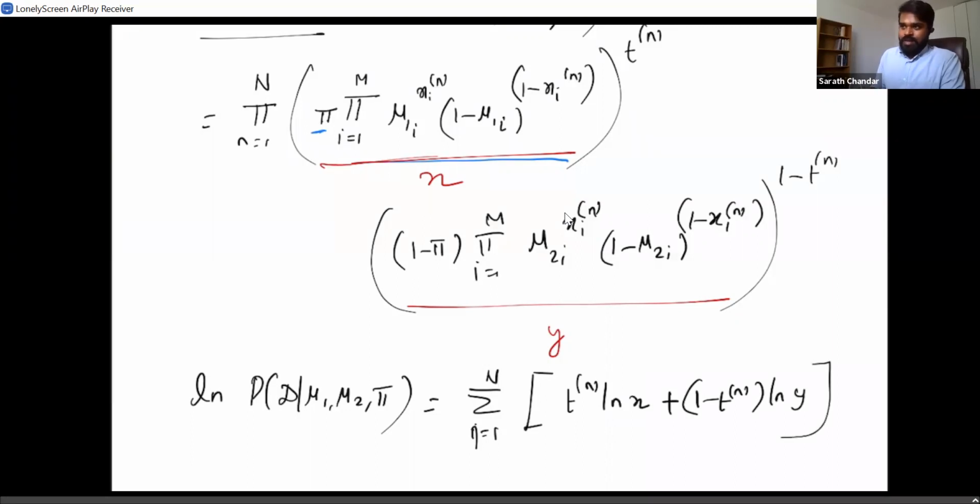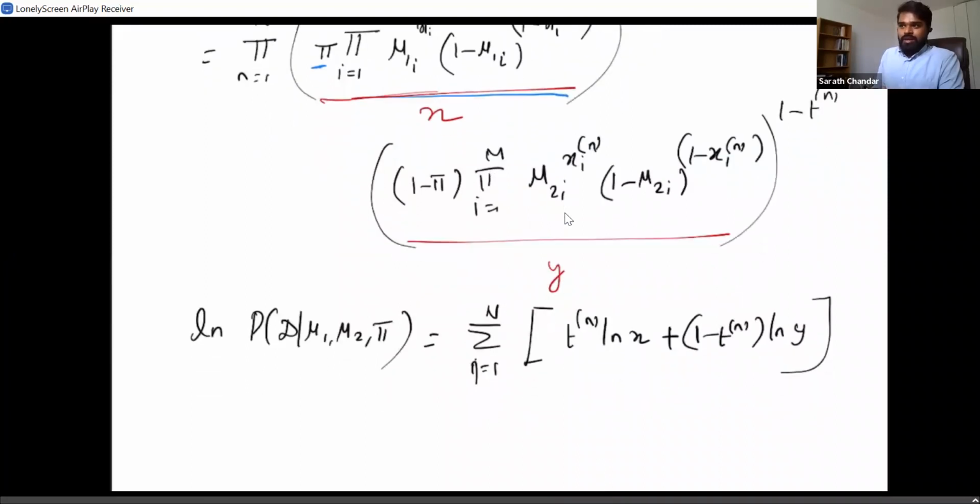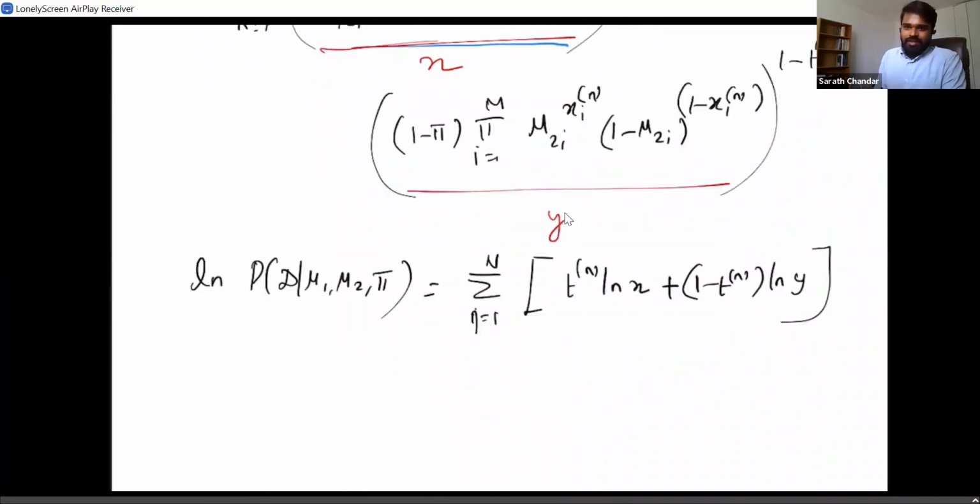Now we want to differentiate this with respect to mu1i or mu2i, right? So dou ln probability of the data given the parameters divided by dou mu1i.